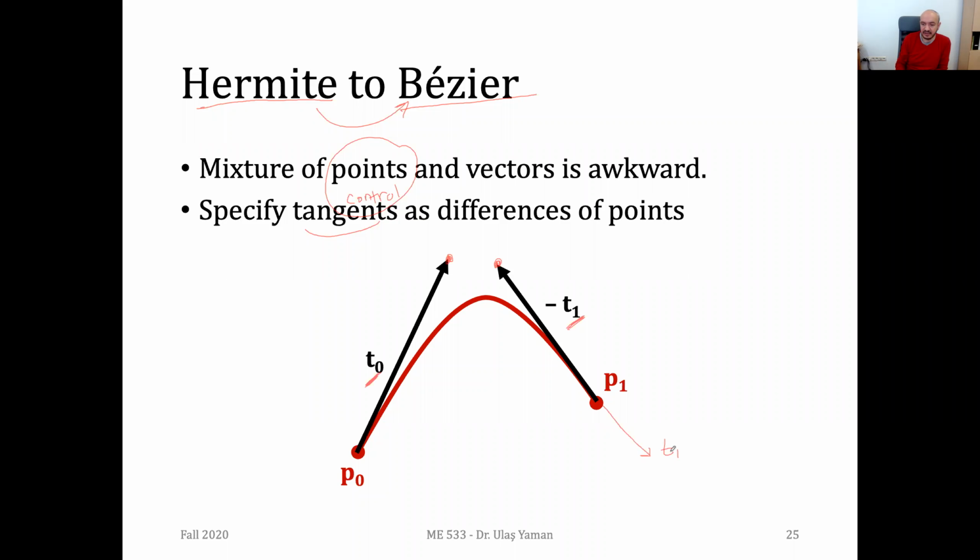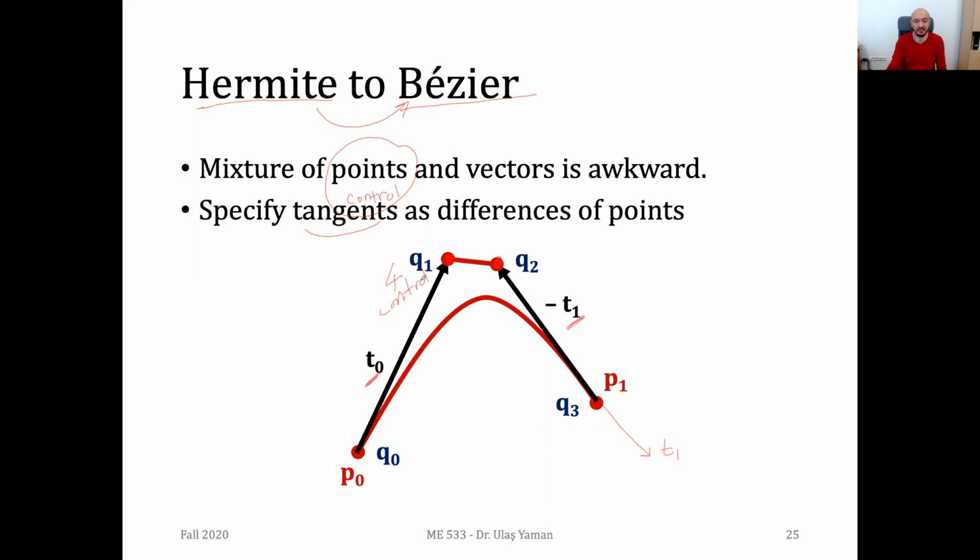This is T1, but we reverse it, and now we will multiply the difference between them by 3 to obtain the coordinates of these. Now, this is actually our new control points. Instead of using tangent vectors, we will now be using 4 control points.